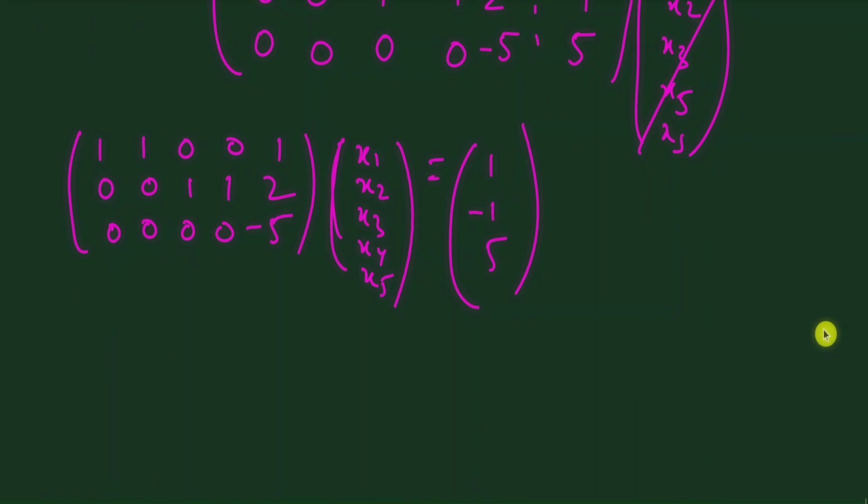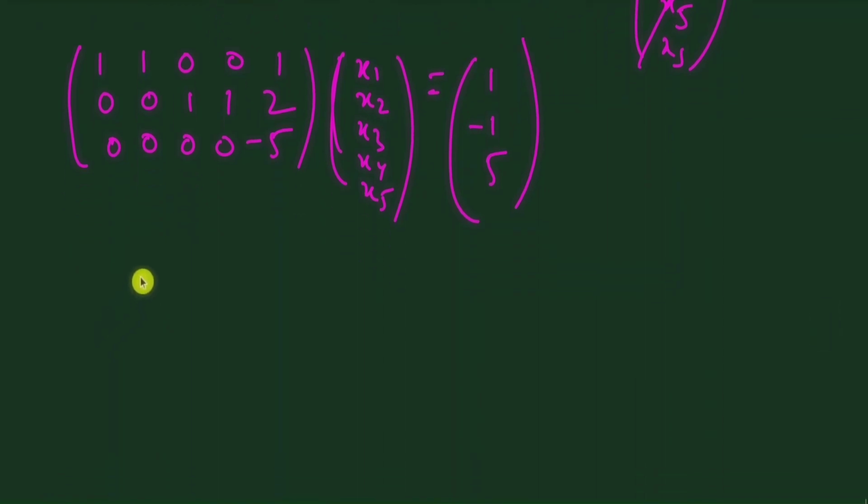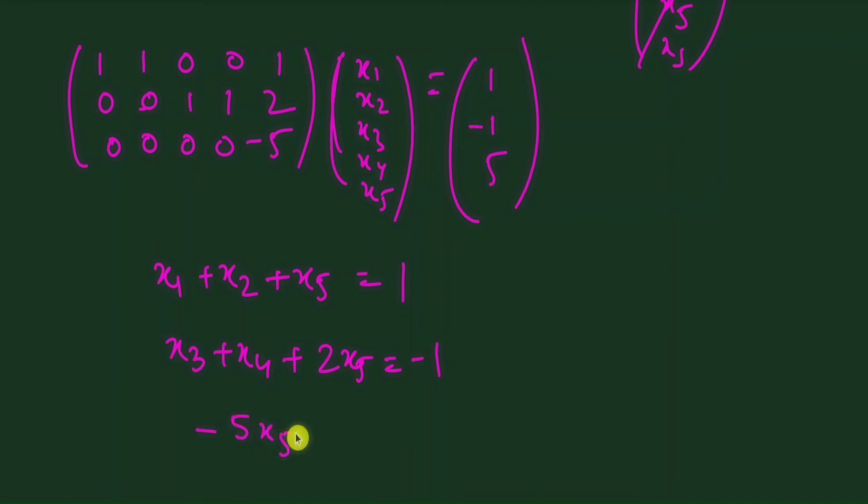Now the equivalent equations of the system are x1 plus x2 plus x5 equal to 1, second x3 plus x4 plus 2x5 equal to minus 1, and minus 5x5 equal to 5.